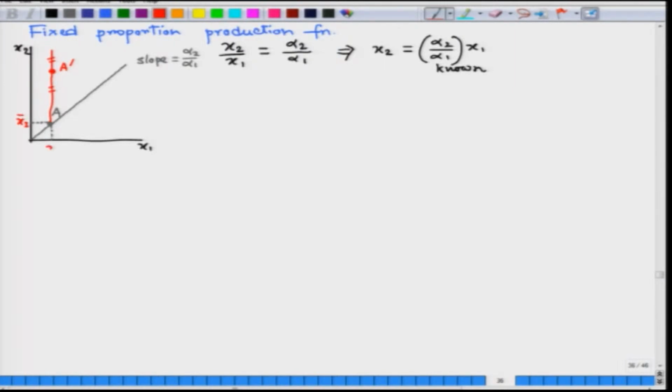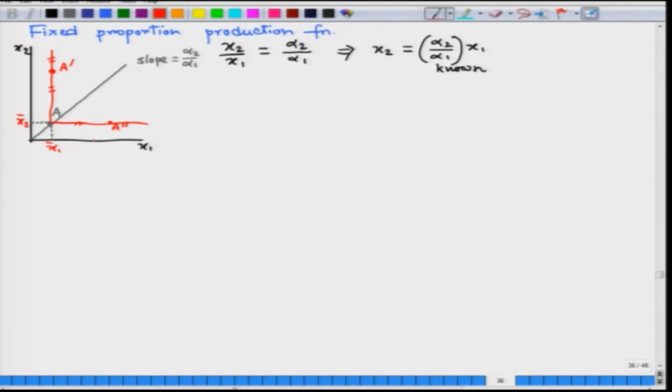So, let me also call it x1 bar, and if I now take another input bundle, say a double prime, where I increase the input units of input 1, then also I see that these points along this joined line will give me input bundles which are redundant.